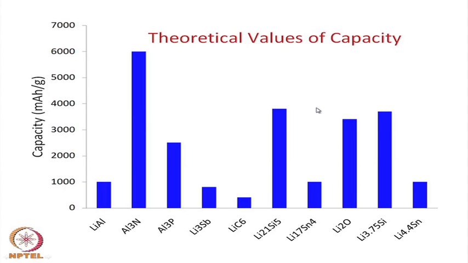When somebody is screening different materials, one can look at the theoretical capacity, but many of them are practically not feasible, and that is why LiC6 is still a material of interest for practical devices. However, much research is going on with other compounds as well. So, these are some of the results of that investigation.